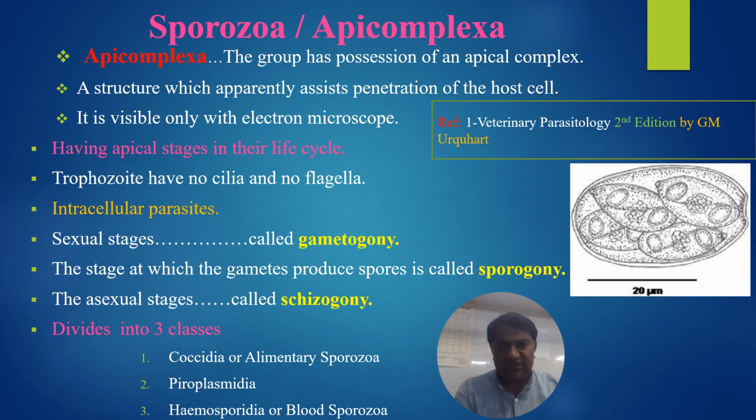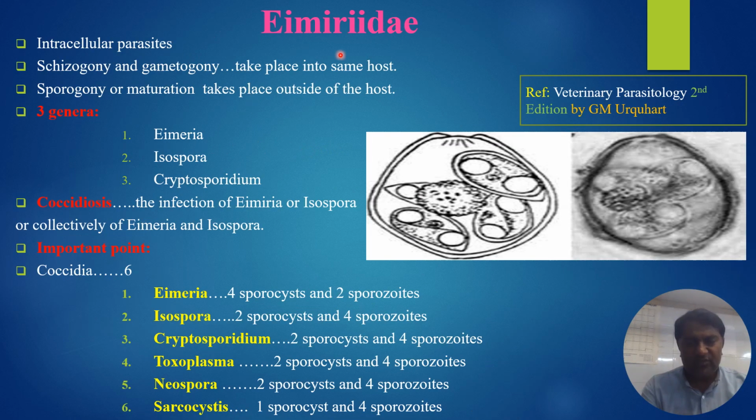Next is the Eimeriidae family. These are intracellular parasites, and schizogony and gametogony take place in the same host. Sporogony, or maturation, takes place outside of the host.